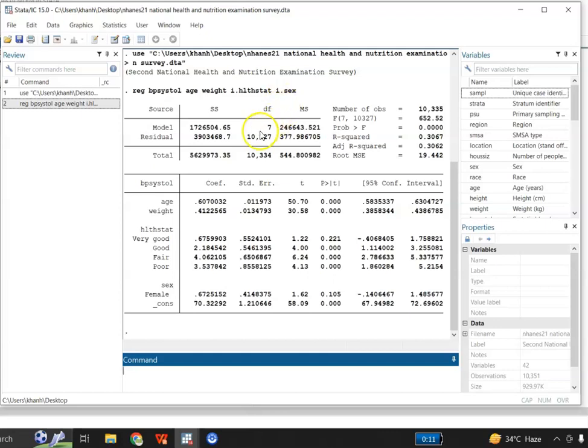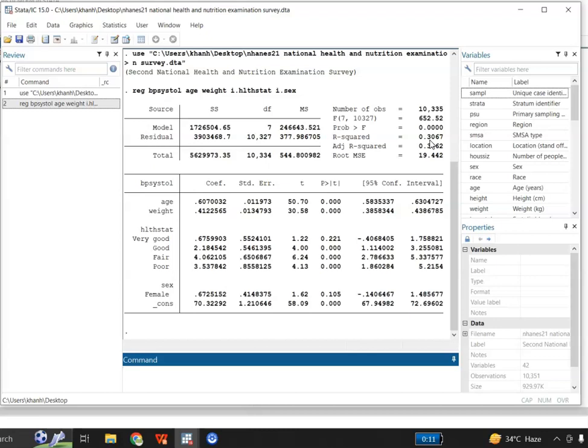So this is the analysis of variance for this model: model sum of squares, residual sum of squares, total sum of squares. This is the F statistic, its p-value, and R-squared is 31%.